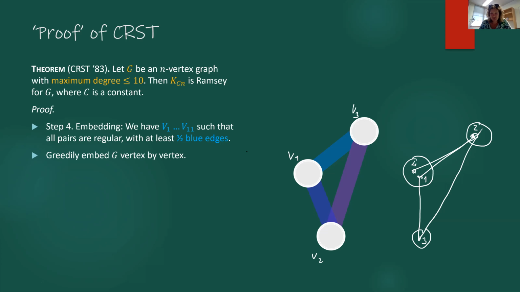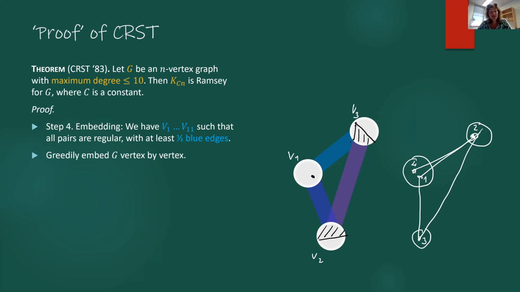So for the first vertex, V1, it needs to go in here. Notice that we can't choose an arbitrary vertex because we might even have isolated vertices here. So what I'm going to promise you is that V is going to have at least half of the neighbors here and at least half of the neighbors here. And how can we ensure that? Well, using density.